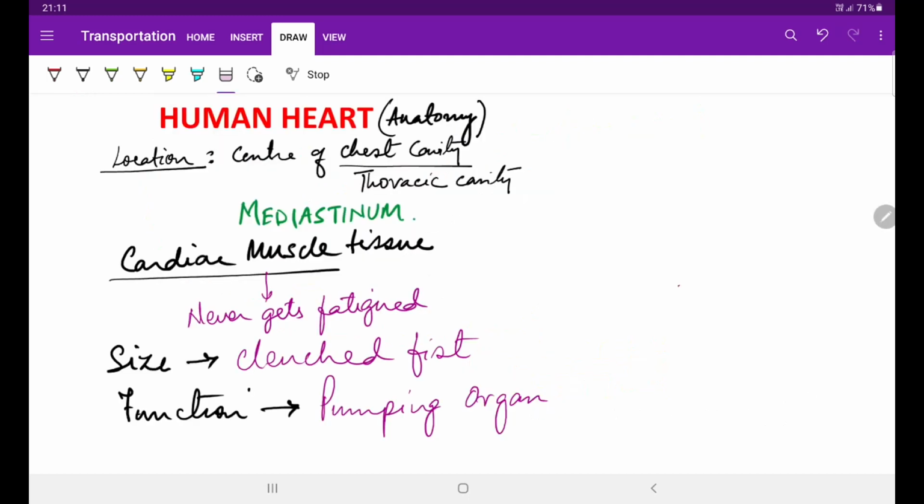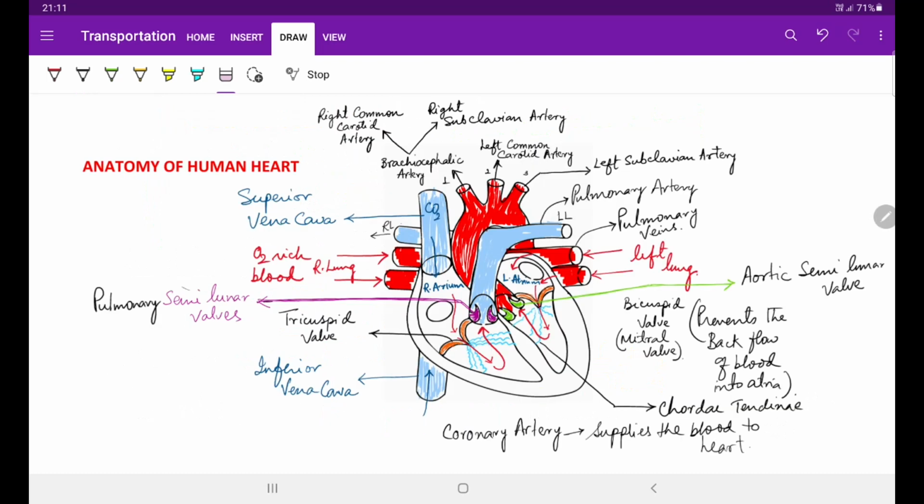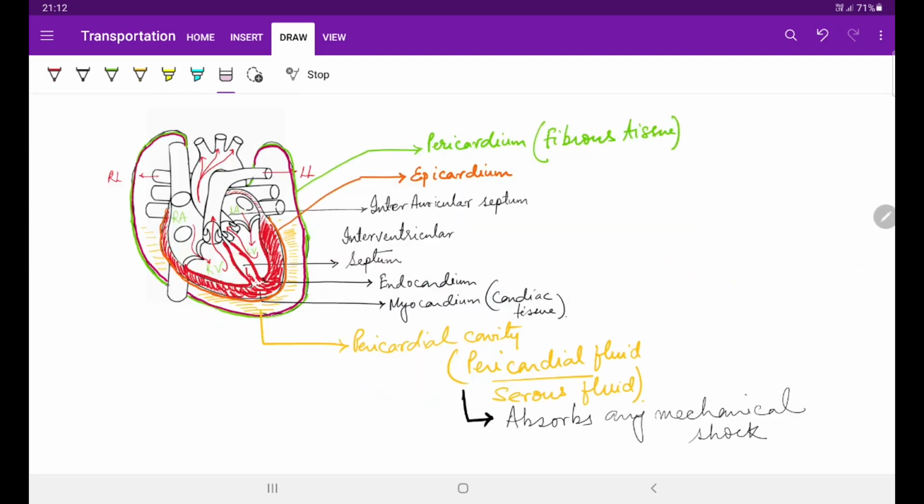So guys, in this video we have first discussed the general features of the human heart, then went into detail on the anatomy of the human heart, understood the various blood vessels and the flow of the blood in the heart, and finally we also discussed the various layers of the human heart and the presence of different types of muscles, which help it to function in a proper manner.